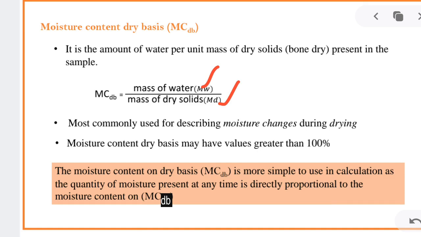Moisture content on dry basis can be more than 100%, because if you take products like fruits and vegetables, which have moisture content around 75 to 90%, the numerator, that's the amount of water, is very high compared to the denominator, that is dry solids.